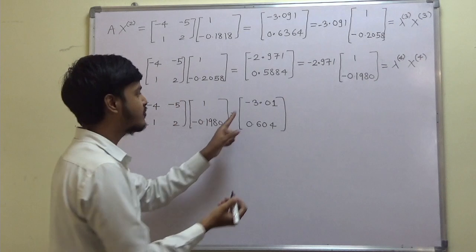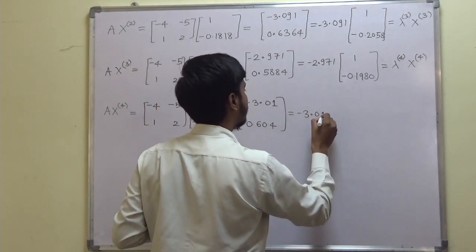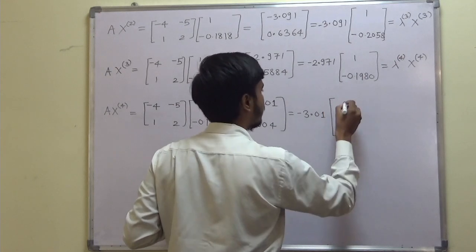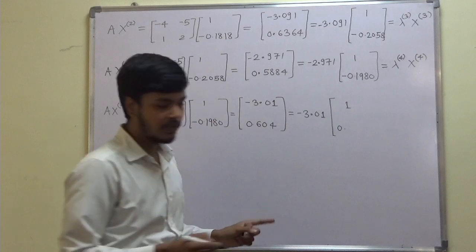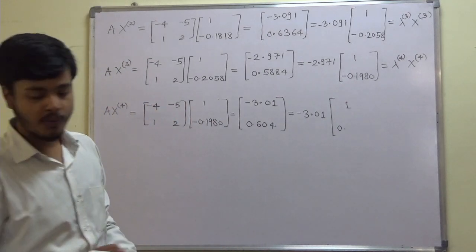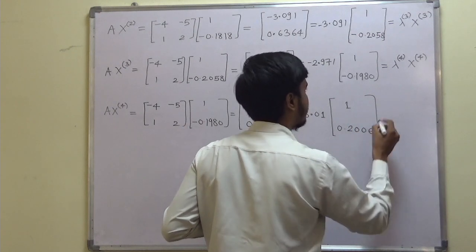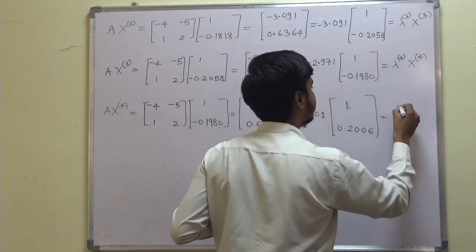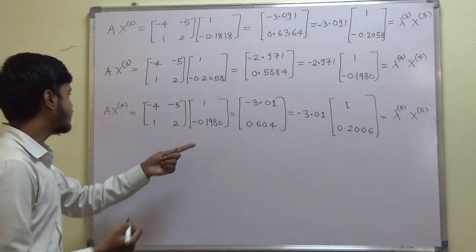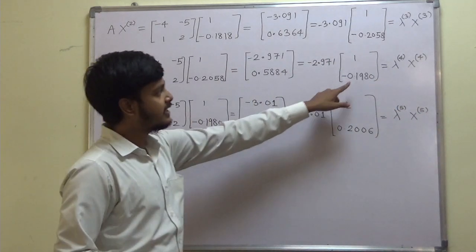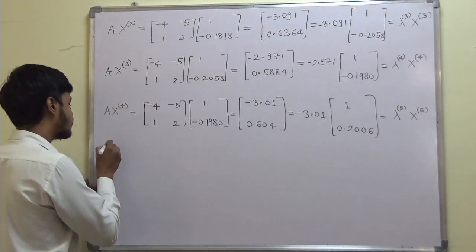Then again you have to take this common, so this is -3.01 into [1, 0.2 some value 6]. And this is lambda 5 x5. Now after this again you can see the difference is not negligible, so again go on finding out the values.